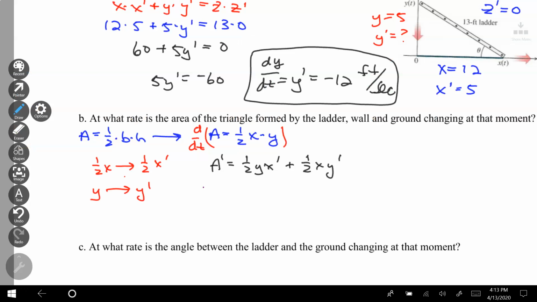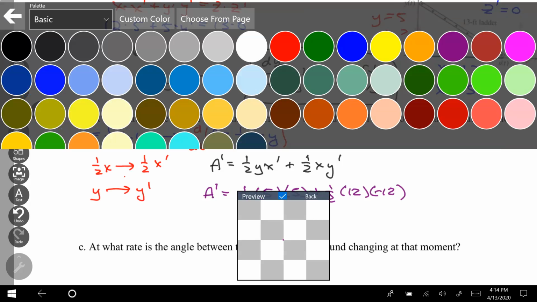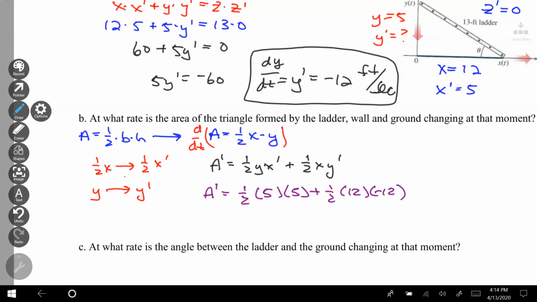And A prime is equal to 1/2 y is 5, x prime is also 5, plus 1/2 x is 12, my y prime is negative 12, and when I'm done, I get dA over dt is equal to A prime is equal to negative 59.5 square feet per second.